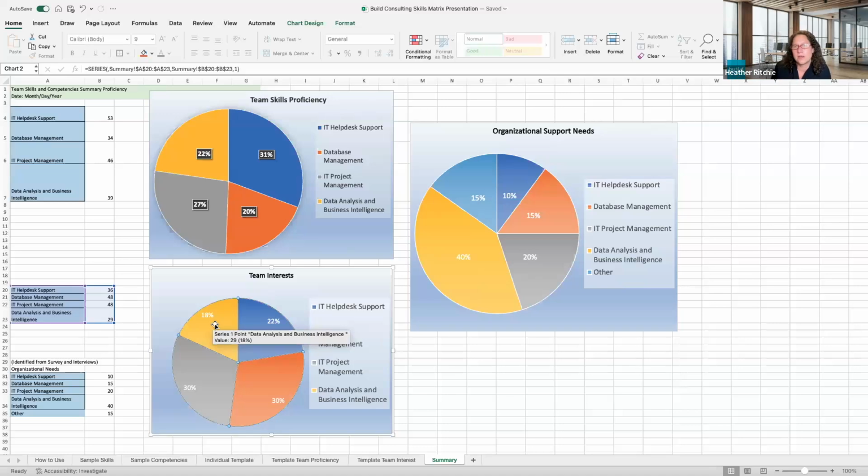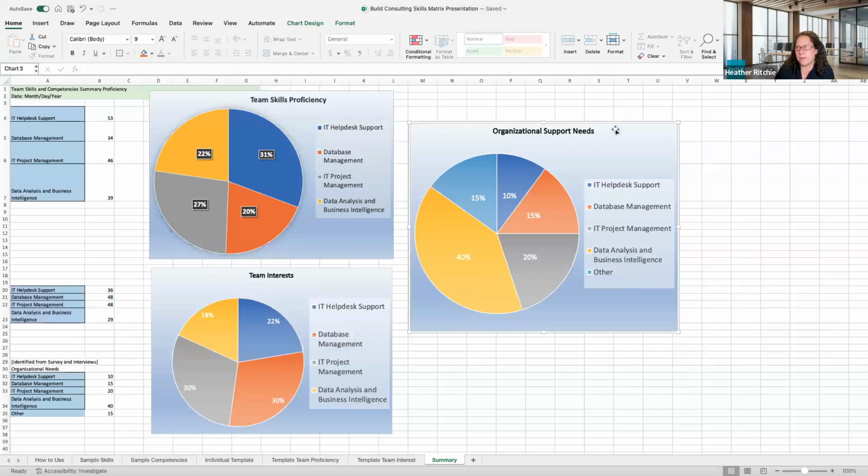And sure, Norma, this organizational support might be a survey that you've done with the full organization. Or if you know that a specific department is feeling like they need more IT support and you're trying to figure out what that support need is, a short survey might do that.